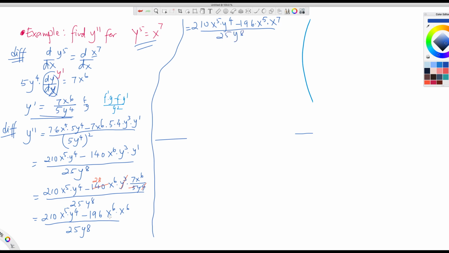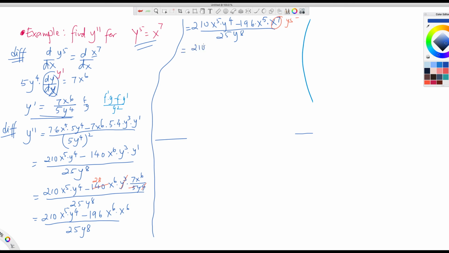Look at here: x to the 6 times x to the 6 is x multiplied 6 times and then 6 more times, so altogether there are 12 x's multiplied together. I want to distribute that 12 into 5 and 7. Why? Because x to the 7 can be written as y to the 5, so that I can match this term to that one. This term is basically y to the 5, and that's what I am replacing it by.